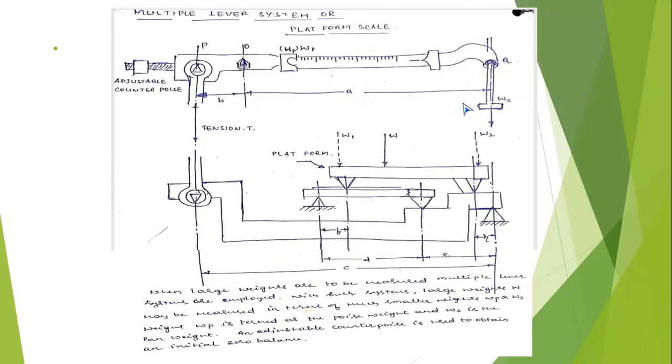Before measuring the rice weight, you have to keep the dead weights. Along with the platform scale, the manufacturer provides you the dead weights of 10 kgs into 2, 20 kgs into 2, 50 kgs into 1, and 100 kgs poise weight.